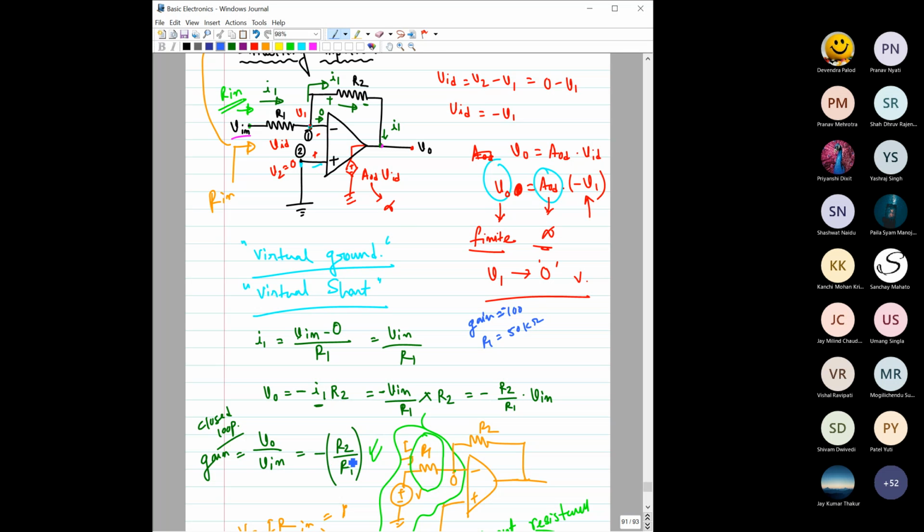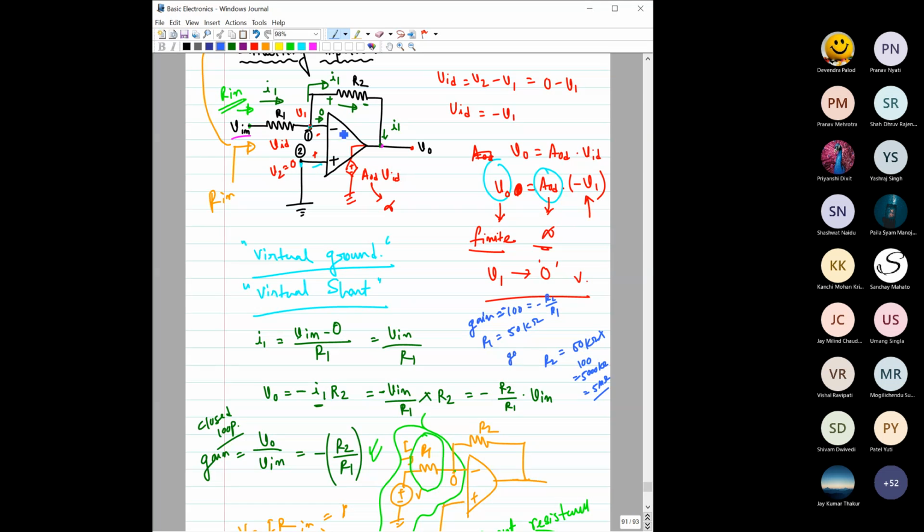The gain is basically R2 by R1, so R2 would be 50 kilo ohm into 100, which is 5,000 kilo ohm, basically 5 mega ohm, which is pretty high. To get a higher gain in this configuration, you have to use very high resistance, but as we have already discussed, such high resistance is difficult to get.